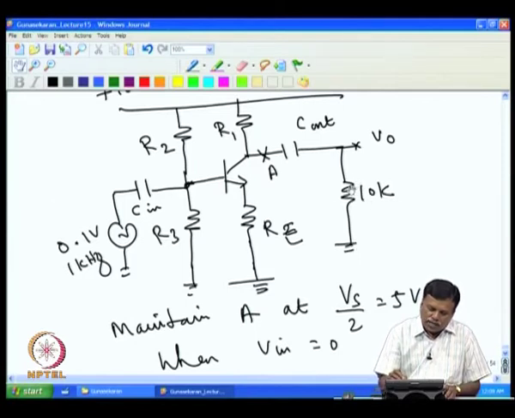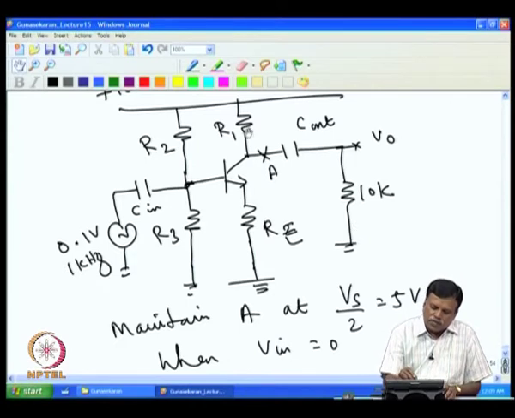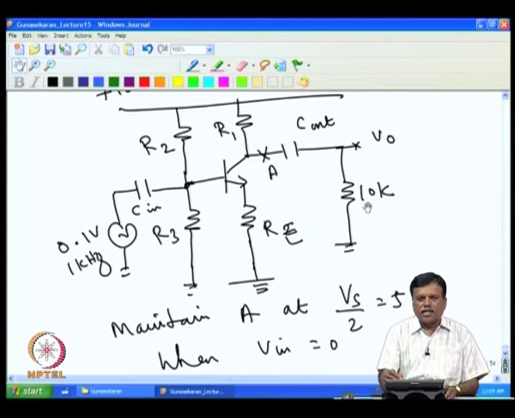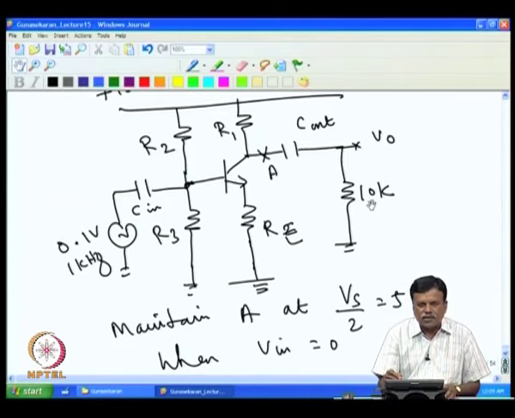So, when current is flowing through that, effectively this R1 is getting loaded by this load, that is this 10K. So, we have to make sure that R1 is much smaller than this 10K, then only the loading effect can be minimized. Normally a factor of 10 is taken into consideration. So, to neglect the loading effect, if this is 10K, then R1 should be 1K.